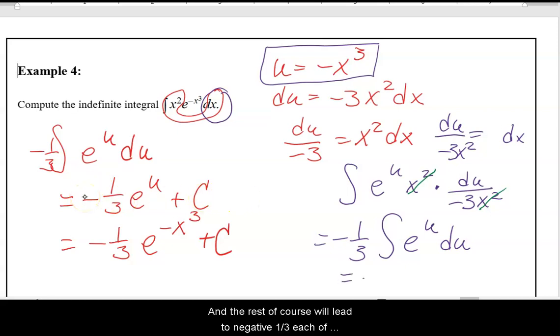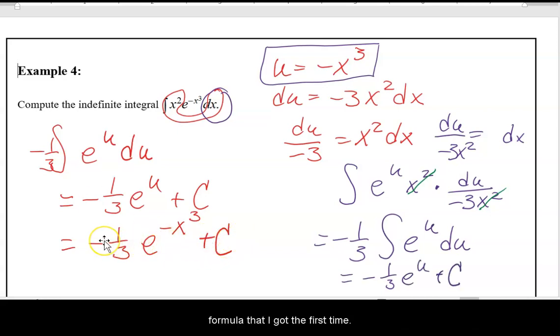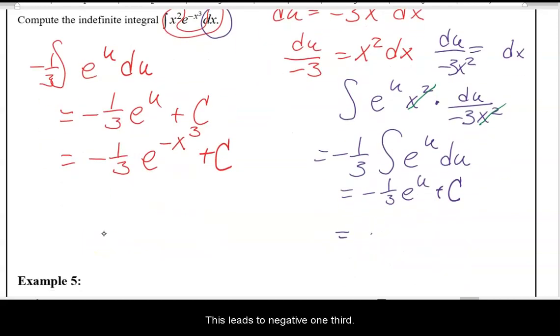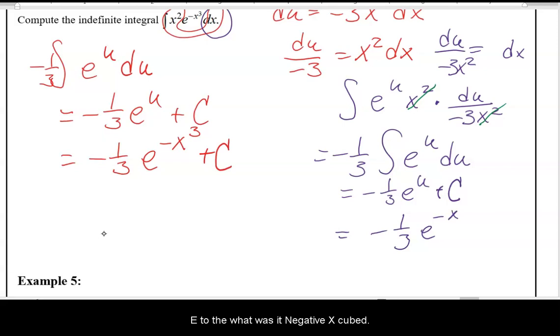And this, of course, will lead to negative 1/3 e to the u plus a constant, resulting in exactly the same formula that I got the first time. This leads to negative 1/3 e to the negative x cubed plus c.